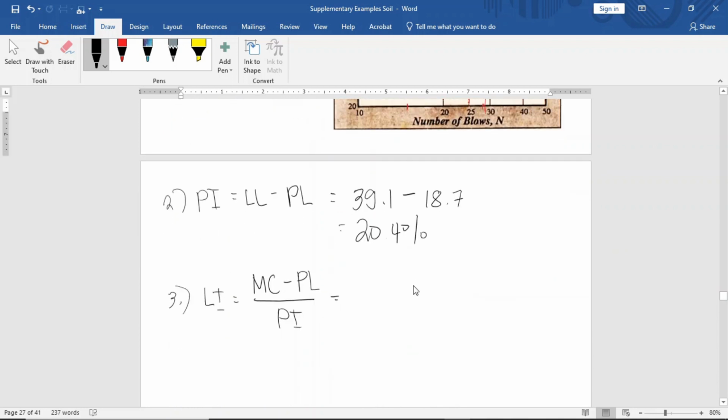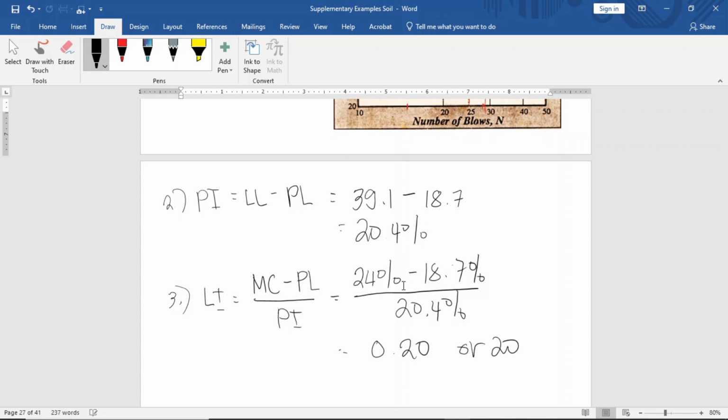So 24% minus PL of 18.7% all over PI of 20.4%. So our liquidity index is 0.2, or 20%.